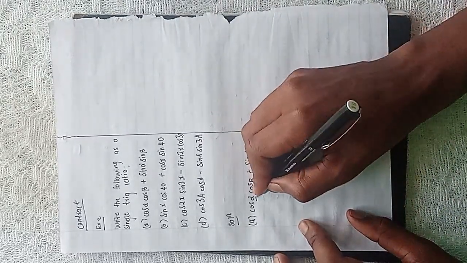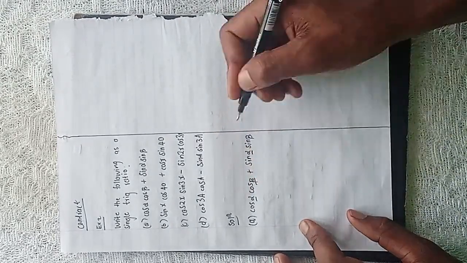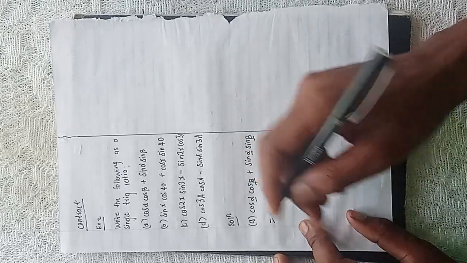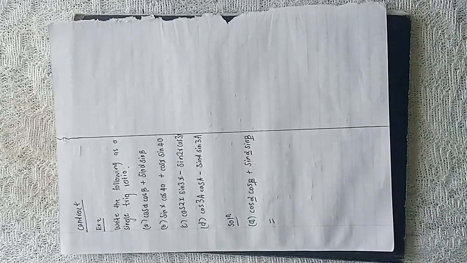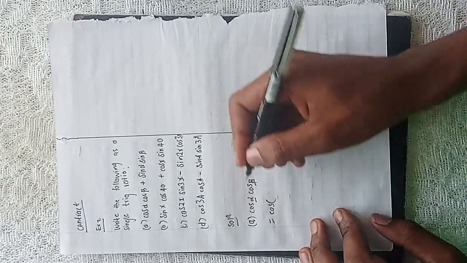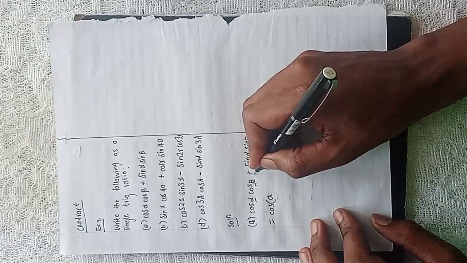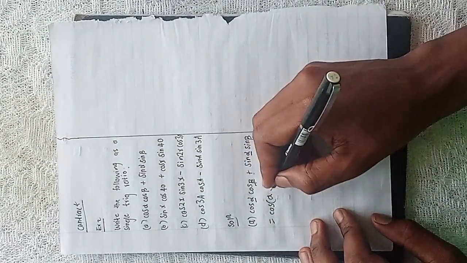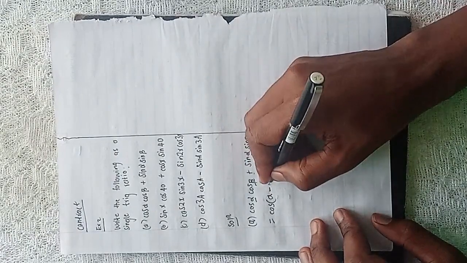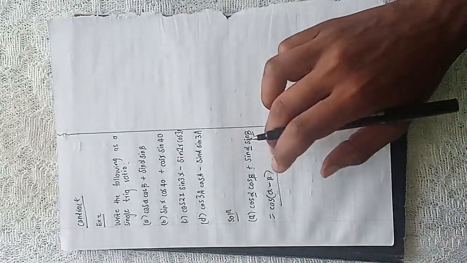This angle alpha is the same as this angle, beta is the same as this angle, and I can see this is the compound angle for cos. So I can write this as cos of this angle, which is alpha. Since I have positive here and this is cos, it will be negative, and then it's beta. So as simple as that. So this is my answer.